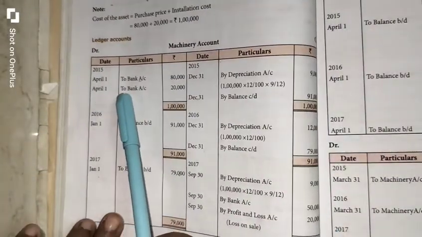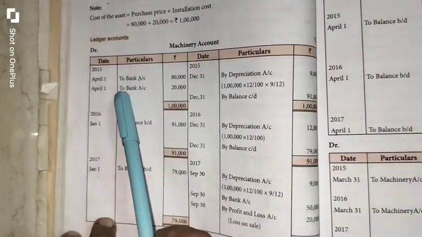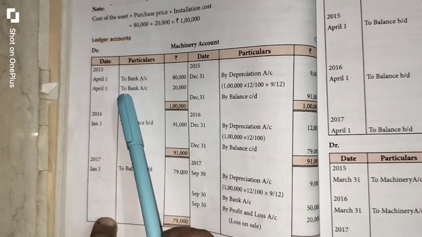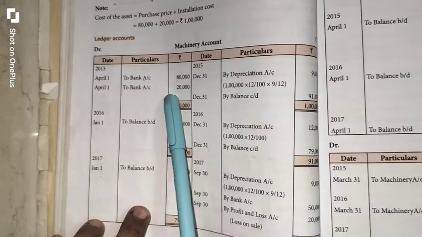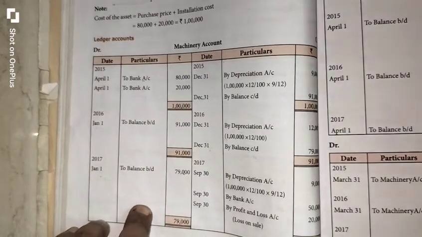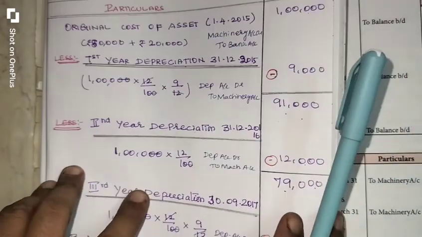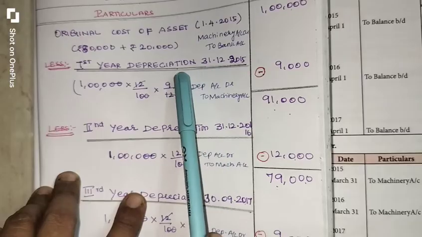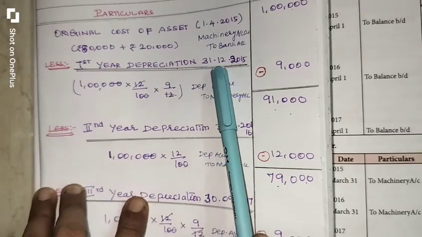On April 1, the machinery account is on the debit side. You go to the debit side and enter the opposite account, that is To Bank account, with the amount 20,000 in the amount column. Then we have to enter the depreciation account dated 31st December 2015.